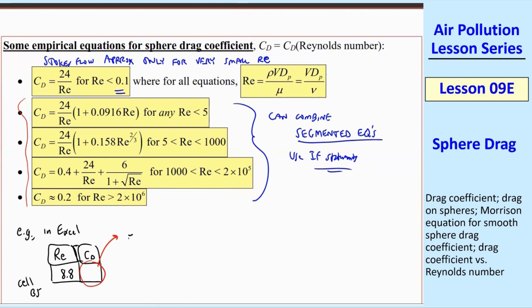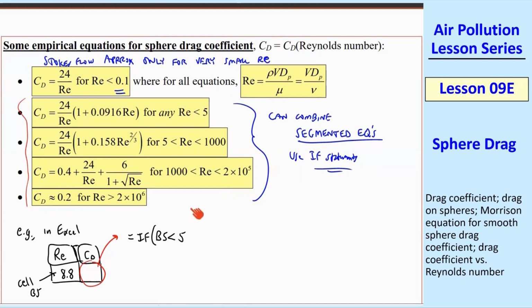I would say equal if, and then I'm assuming that this is cell B5, so you click on that cell, it'll put a B5 there, which has the value of 8.8, but in the equation it'll look like this. If B5 is less than 5, so we're taking this first equation here. Ignore this one. We're not going to use this one, just as a quick approximation. So we're going to use these.